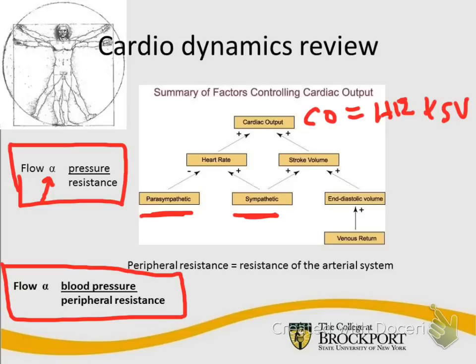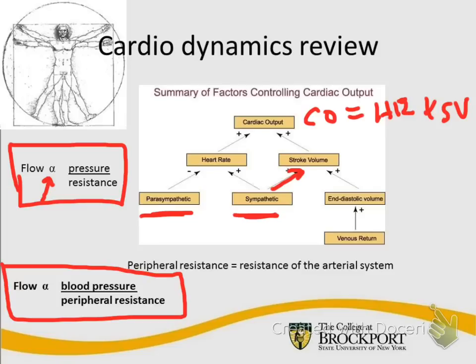So Jim uses his sympathetic nervous system when he's competing. That's one really important message. The sympathetic nervous system not only increases heart rate, it's going to have what we call a positive inotropic effect on stroke volume. It is going to increase stroke volume, and it does that by increasing contractility.